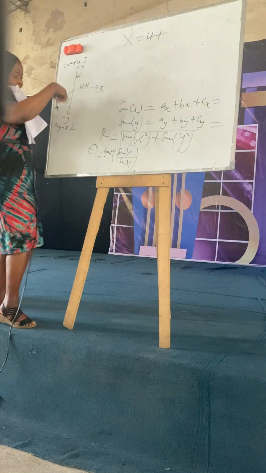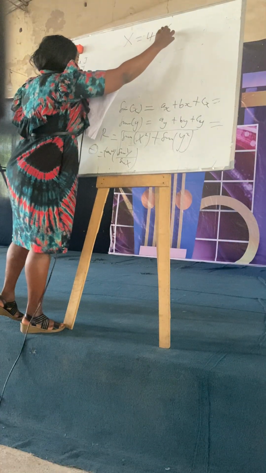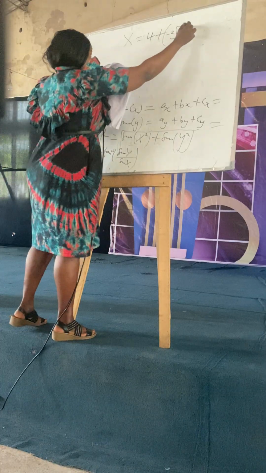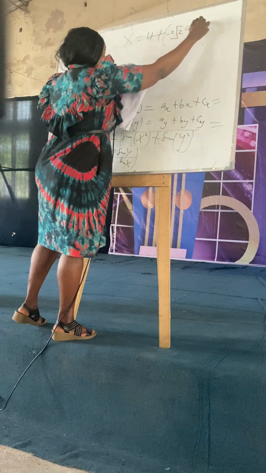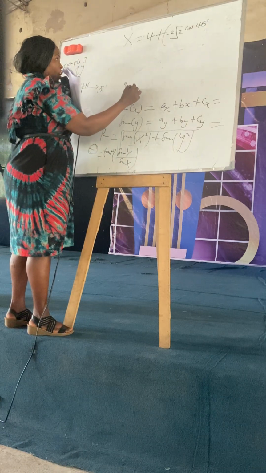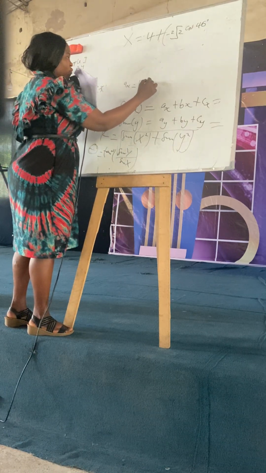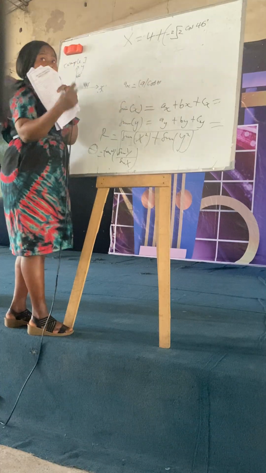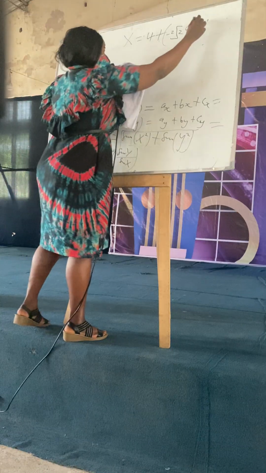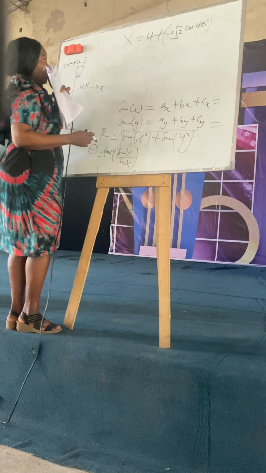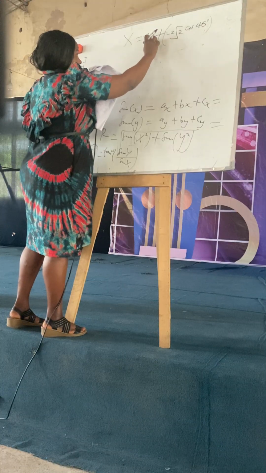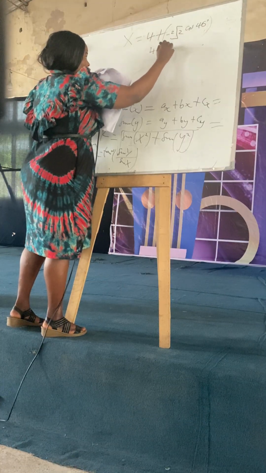We have plus, in brackets, minus 2 root 2 cos 45. Remember, I told you that Ax is equal to the modulus of A cos theta when you are resolving horizontally. So horizontally it is cos 45. Now, when we have 4 plus this, with the minus effect, you now have 4 minus 2 root 2 cos 45.